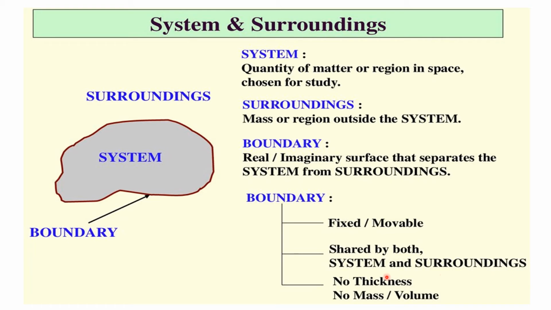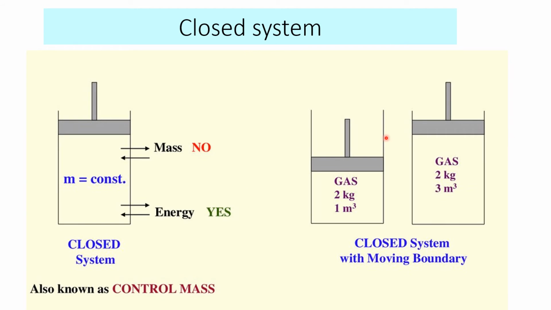So mathematically speaking, this boundary has zero thickness and thus it contains neither any mass nor does it occupy any volume in space. Next we will see where the boundary is fixed and where the boundary is movable. We'll see in the next. So this is about the system, surroundings and the boundary.